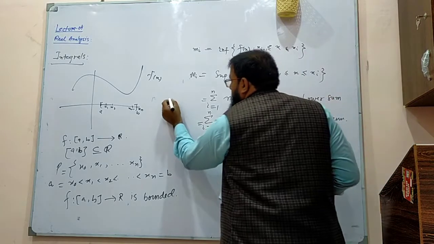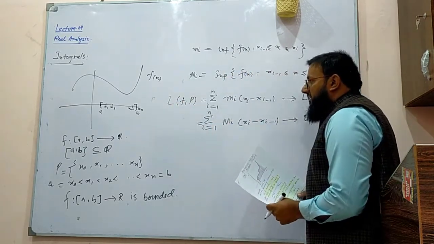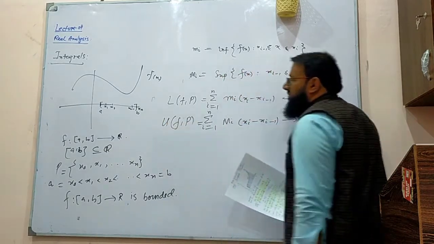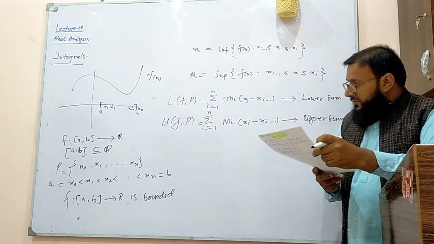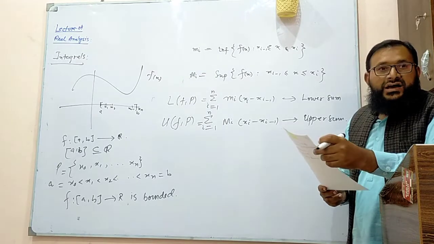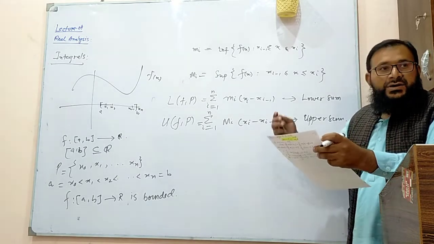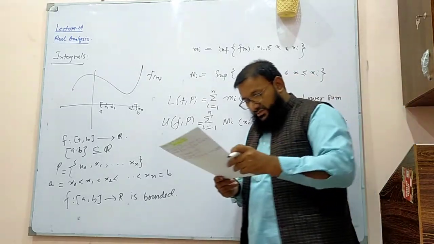I call this the lower sum of the function defined on some partition. I call this the upper sum of a function on some partition P. We are going to move ahead towards the definition of the Riemann integral by using these elementary things.